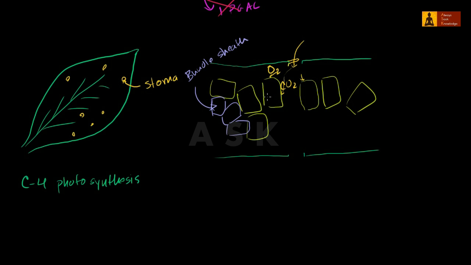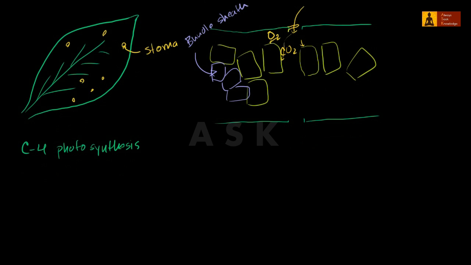In plants performing C4 photosynthesis, the carbon dioxide comes in. So this is in the mesophyll cell, and you have CO2 coming in.